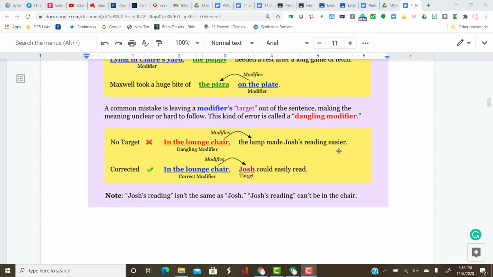You'd think it'd be Josh, but in this sentence, Josh is a possessive, and a possessive is an adjective describing reading. Reading is the noun here. So it's not describing the lamp, it's not describing reading, it's not describing made. The target's not there. To fix it, rework the sentence completely.